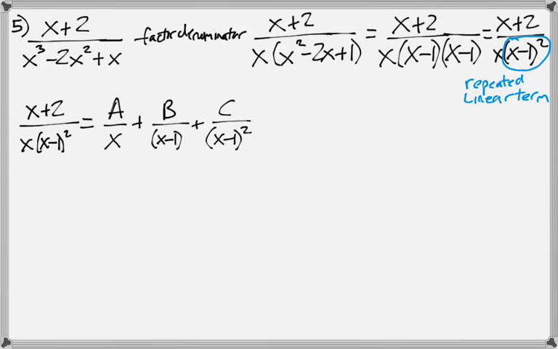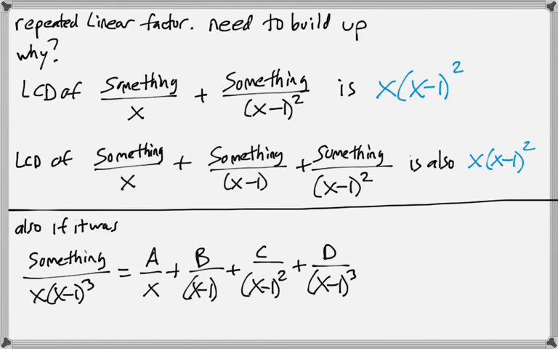And I want to talk a little bit about why that is. So I'm going to take a break from this problem and talk about why we need to do that, why we need to build it up. So let's say you had something over x plus something over x minus 1 squared. Well, the LCD is x times x minus 1 squared.